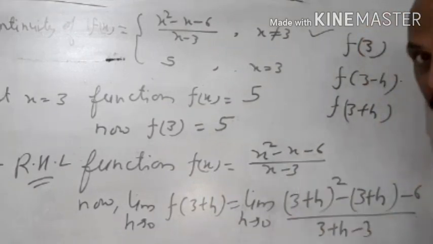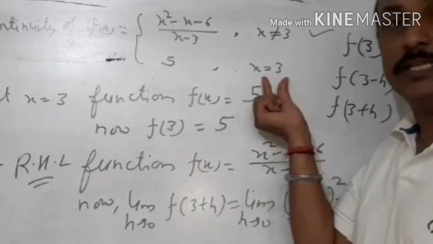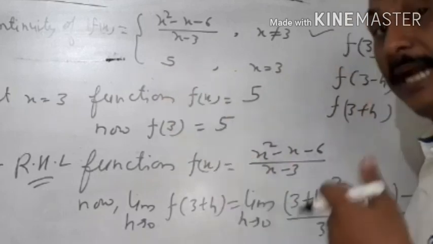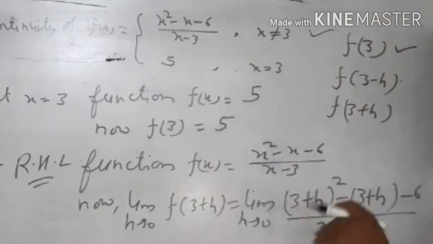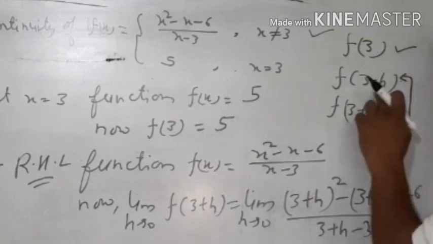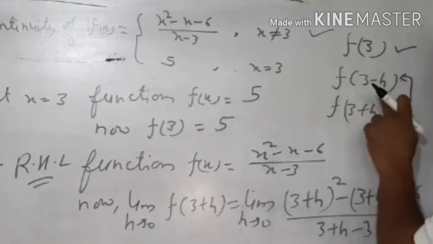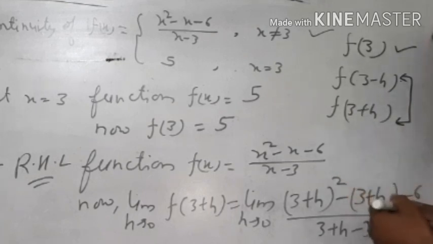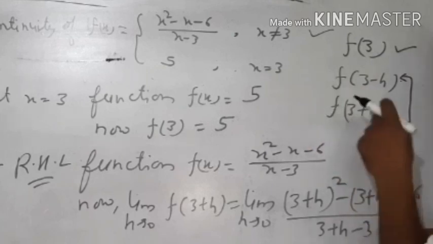Okay? Now, here x is equal to 3. So, first of all, we select this condition at the point. And for these conditions, x is 3 minus h and x is equal to 3 plus h. It is LHL, it is RHL.